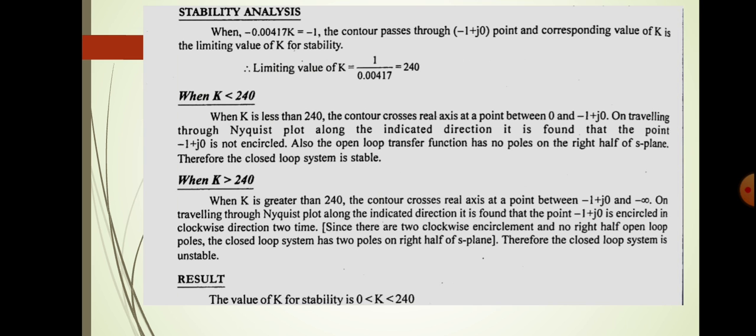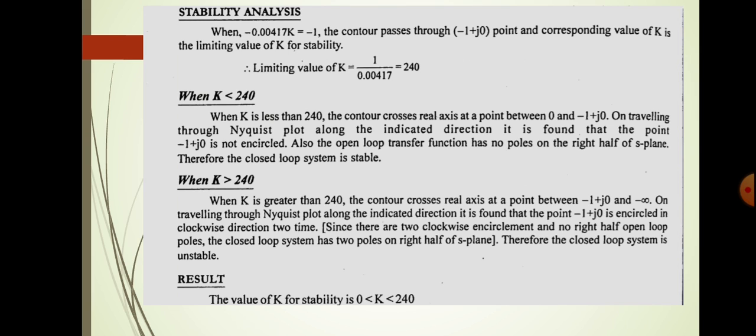Similarly, when we go through the Nyquist plot along the indicated direction, we can see that minus 1 plus 0j is not encircled. So there is no encirclement of minus 1 plus 0j, and we also know that the open loop system has no poles on the right half of the S-plane.